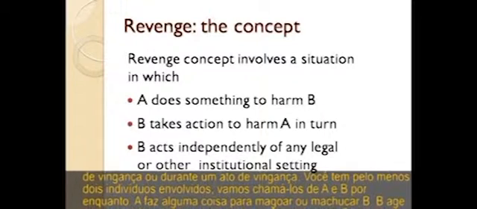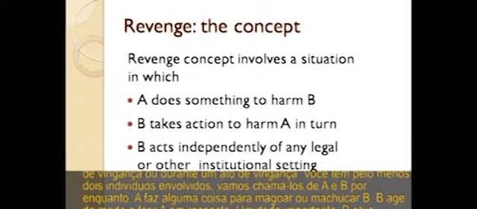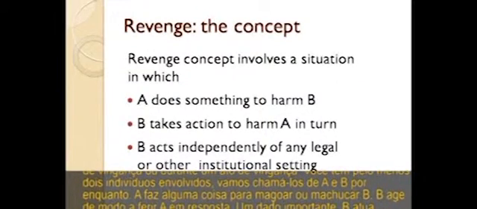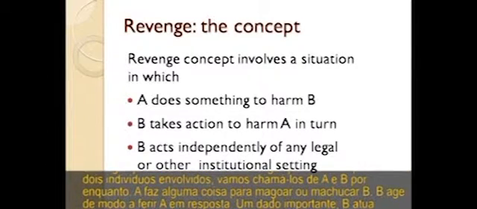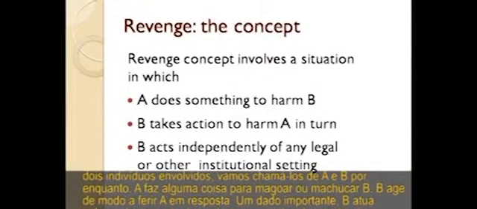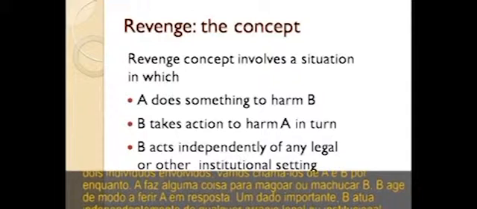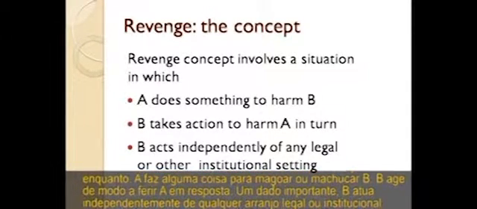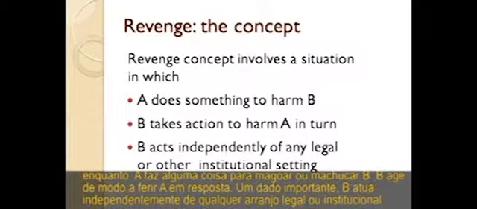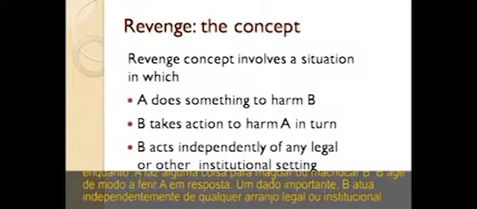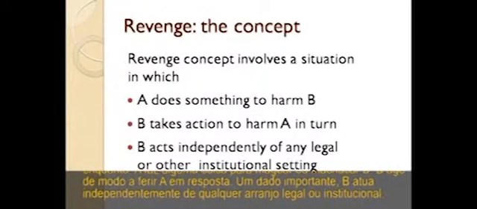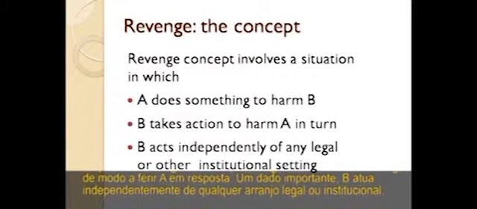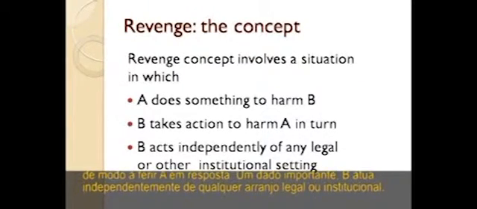You have at least two individuals involved. Let's call them A and B for now. A does something to harm or hurt B. B takes action to harm A in turn. And importantly, B acts independently of any legal or other institutional setting.